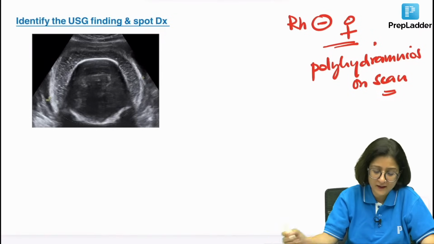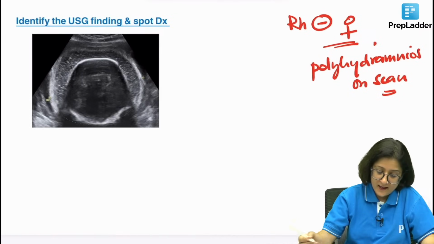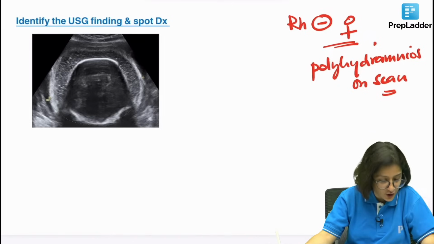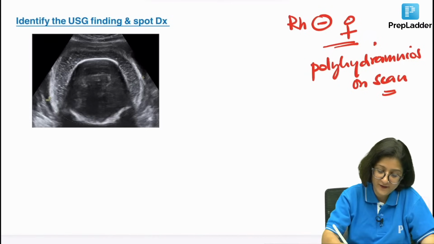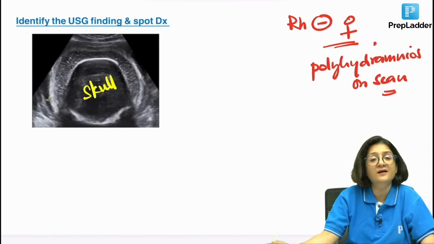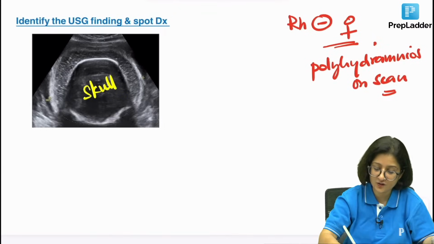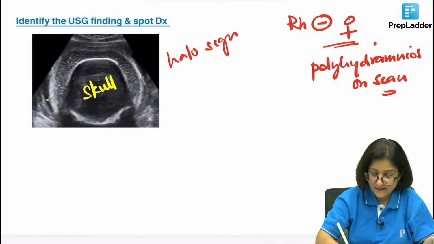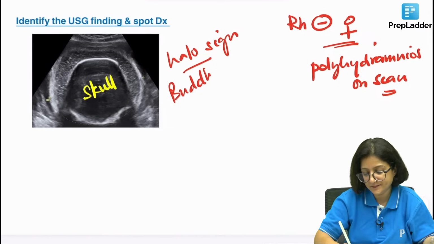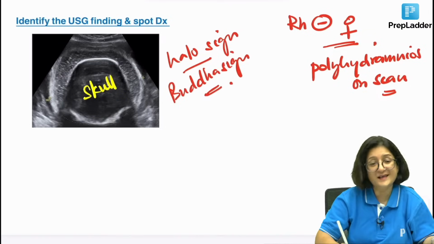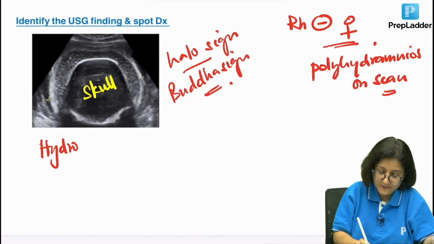I'm just giving you clear cut, right? So what is this? This is hydrops, not horseshoe kidney. This is the fetal skull. Okay. And there is this halo around the skull. This is called the halo sign. This is called the Buddha sign. You see this and think hydrops, fetal hydrops.